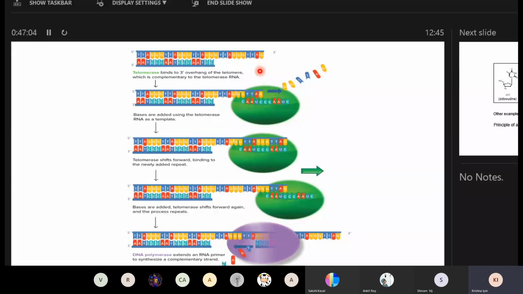And therefore, no information from the end is lost at all. Okay? And therefore, even if multiple replications occur, the DNA never becomes short enough and it never loses functionality. And if it does become big, remember, it has not added new information. All it has done is probably added more of these repeated sequences, which do not have any consequence with respect to the functionality of DNA.